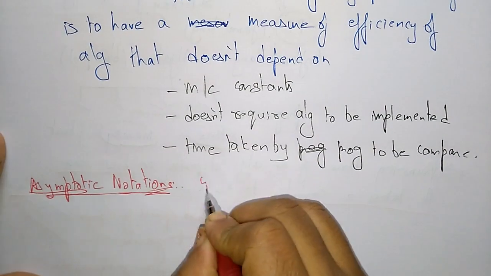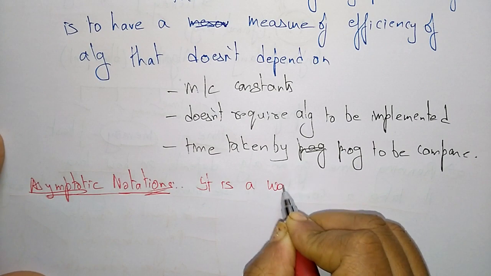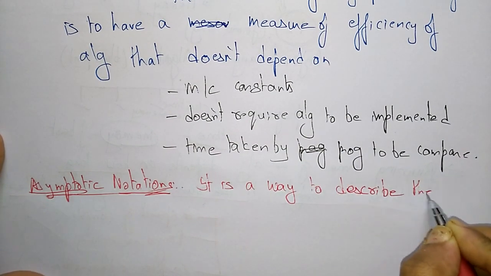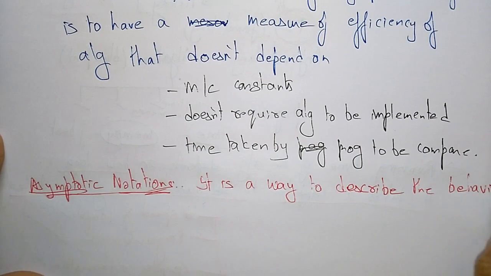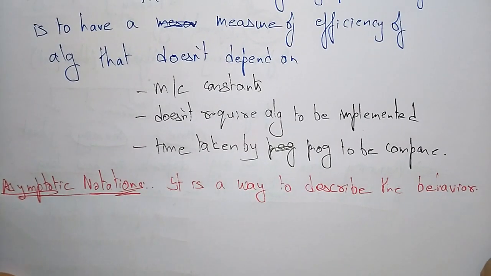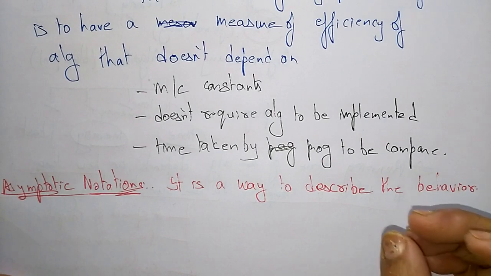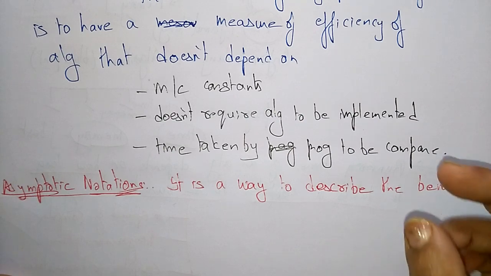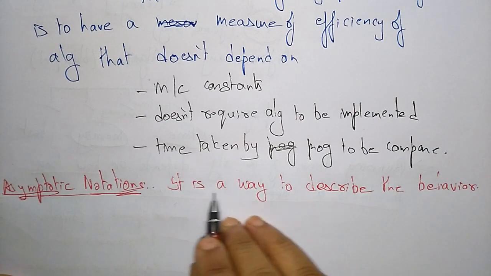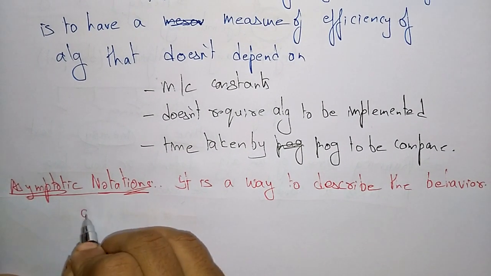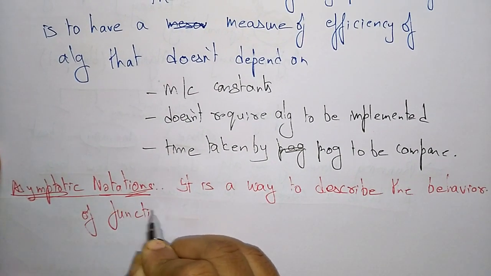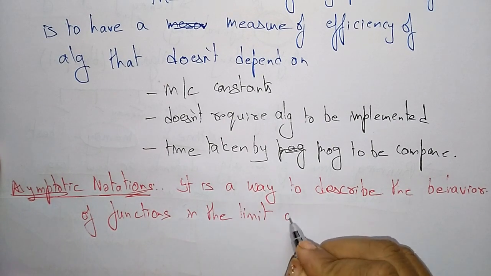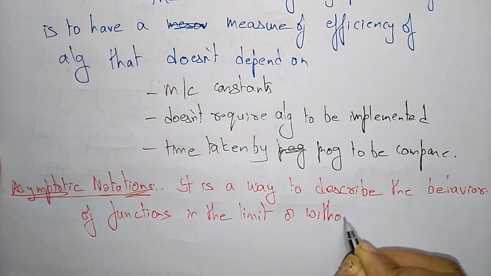Behavior here means the time it takes to complete the sequence of steps in the function, and the memory it occupies to store that function.